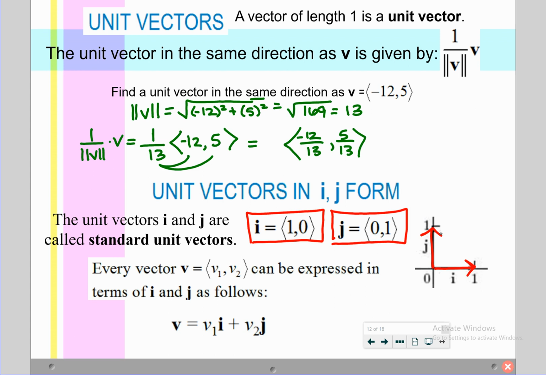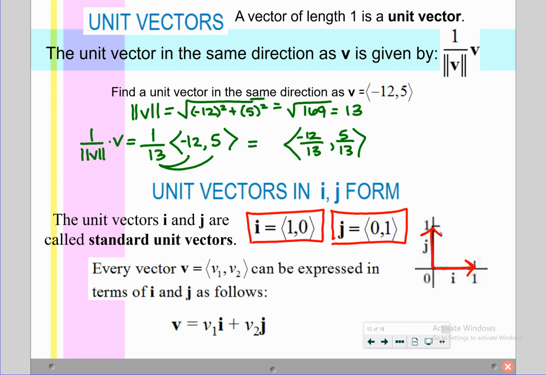We can take any vector and write it in terms of i and j. So 3 i's would be the vector that goes 3 to the right, or negative 2 j's would be the vector that goes 2 down. If we start adding and subtracting them together, we get ones that go in the diagonal directions as well.